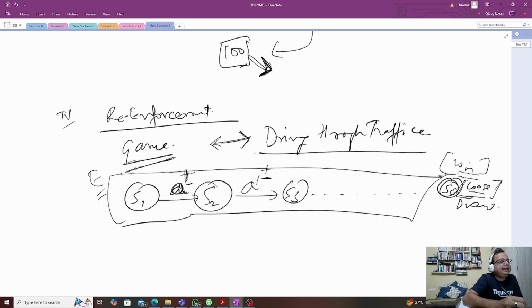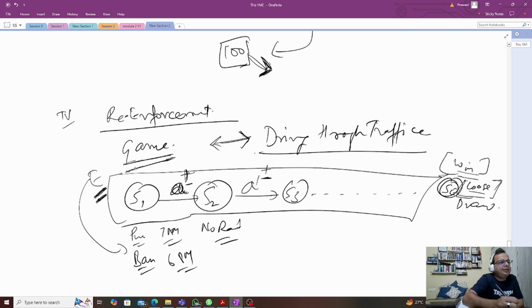So environment E can be like you are navigating through the traffic in a particular city, like say Pune, in summers, at 7 a.m., in a particular location, when there is no rain, versus the environment when you are navigating it in, say, Bangalore at 6 p.m. and let's suppose it is raining.